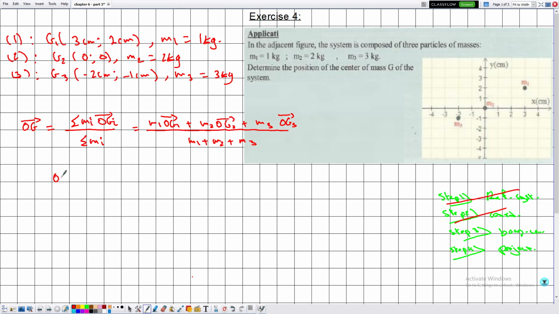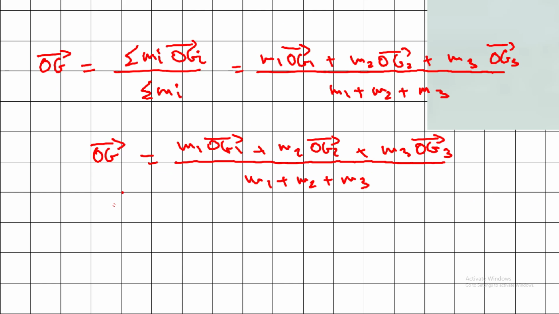So the OG vector is equal to M1 OG1 plus M2 OG2 plus M3 OG3 divided by M1 plus M2 plus M3. So we are done with step number 3. This represents X1, Y1, X2, Y2, and X3, Y3. Now this is a vectorial equation and not any type of equation.